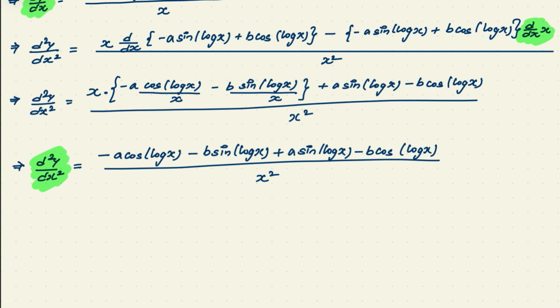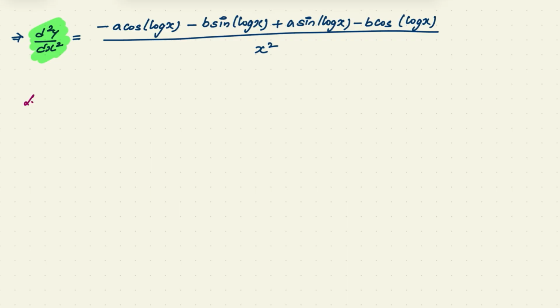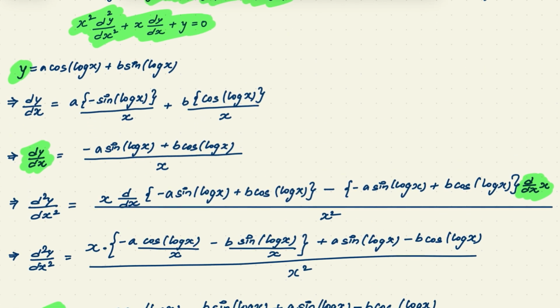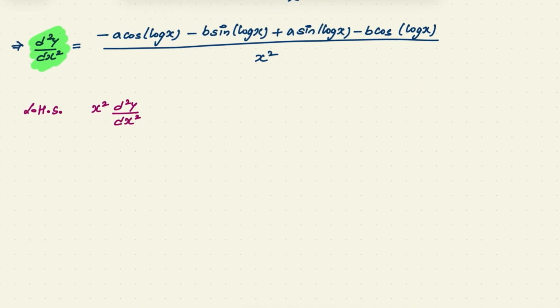So writing the left hand side here: x square into d2y over dx2 plus x into dy over dx, and plus y is there in the left hand side.